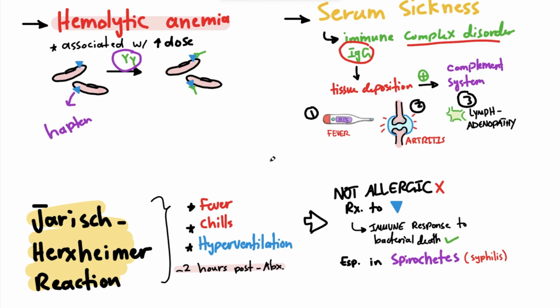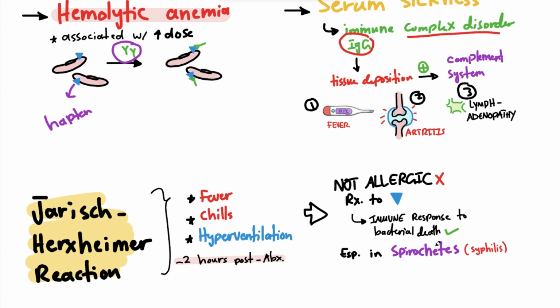The reason is that it's not due to an immune allergic reaction, but rather due to an immune response due to bacterial death. You give the antibiotic, the bacteria are dying, and because of this dying bacteria, we have an immune response. This especially happens in syphilis.